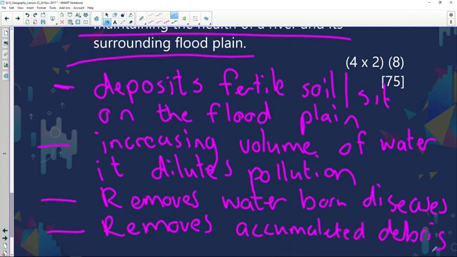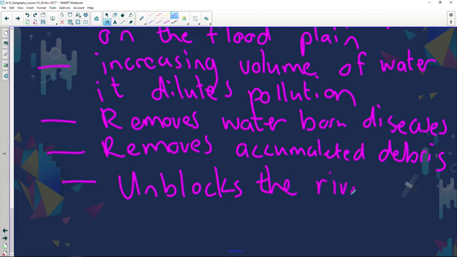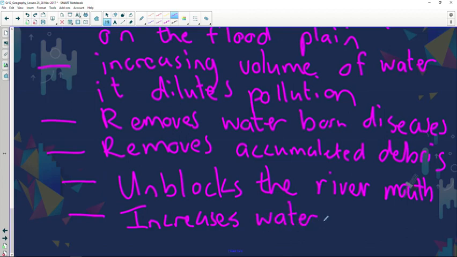Not only is it important for surface runoff, but also for underground runoff. What does it do? It blocks the river mouth, and it also increases the water levels of our water tables.